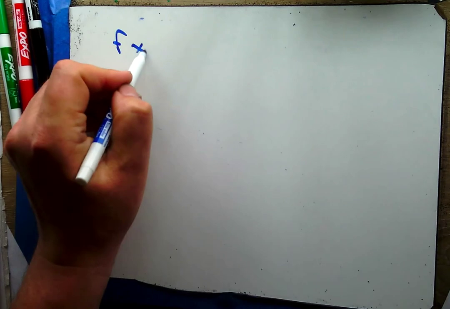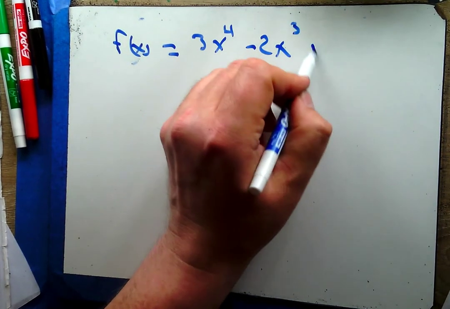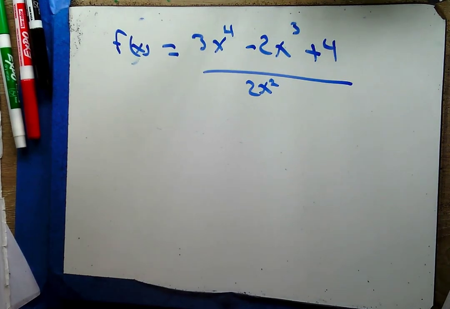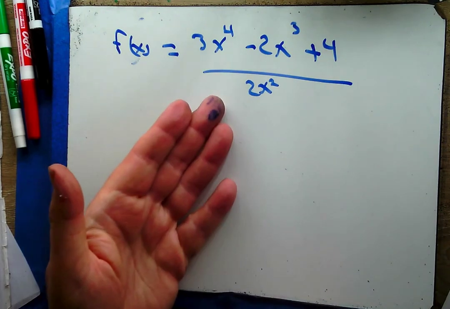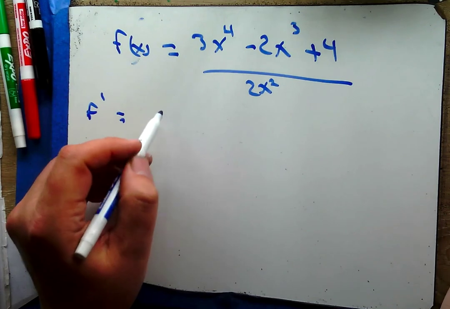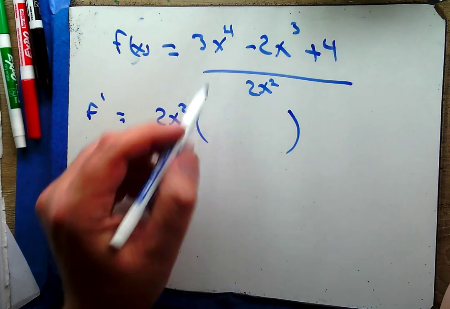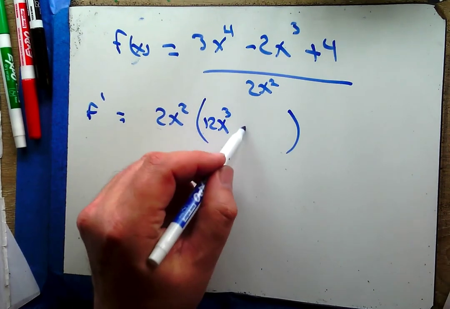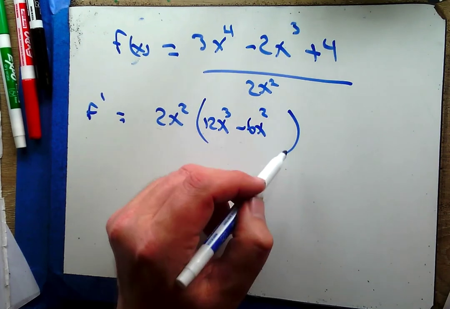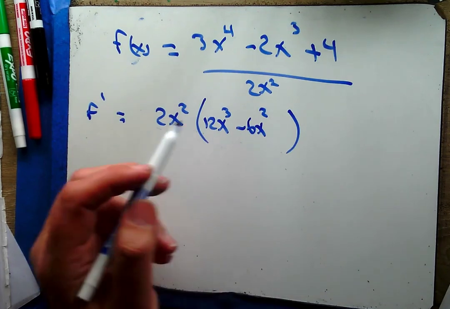f of x equals 3x to the fourth minus 2x to the third plus 4 over 2x squared. Okay, so I see a quotient, so I'm going to use the quotient rule. f prime of x is going to be low d high, the derivative of this, 12x to the third minus, bring down the 3 times 2 is 6x squared, and the derivative of 4, a constant, is 0.